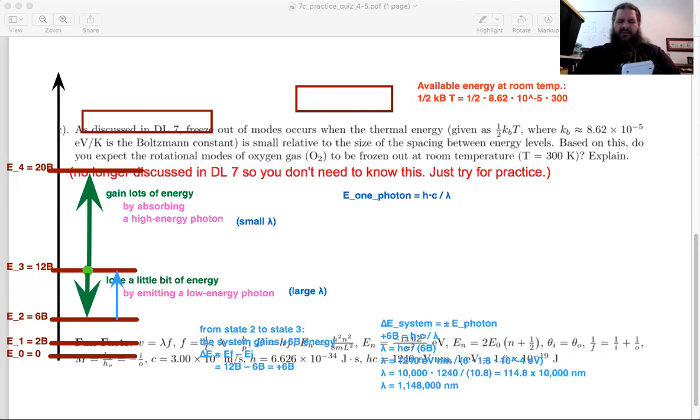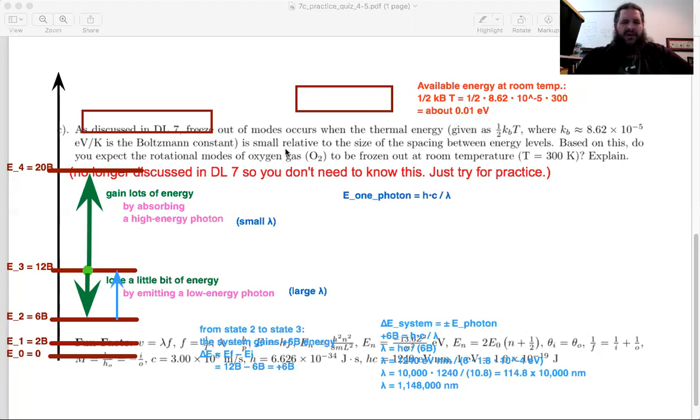So 1/2 times 8.62 times 300 divided by 10 to the 5th is about 1/100th. So that means we've got about 0.01 electron volts worth of energy available.